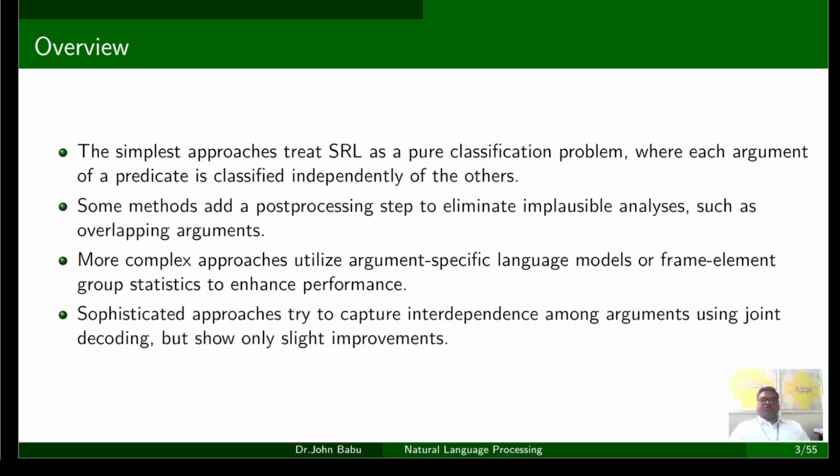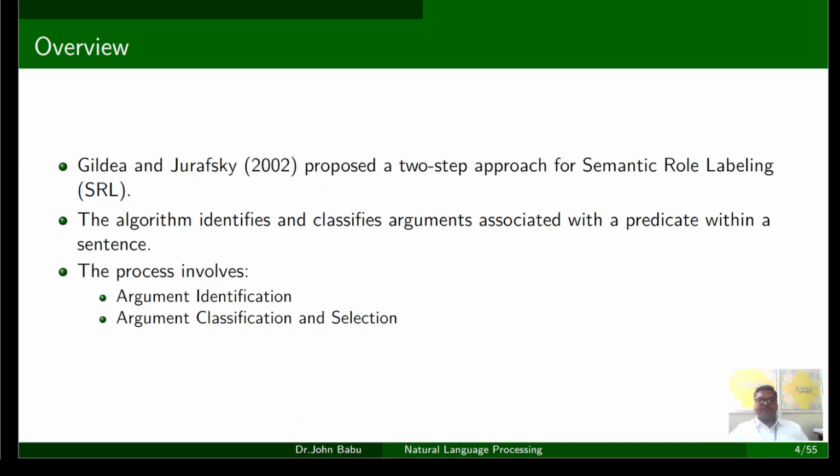Those post-processing steps have been tried to improve the performance, but not very successfully. Basically, irrespective of those post-processing steps, a simple classification would suffice for semantic role labeling.